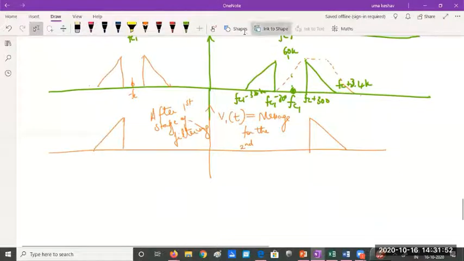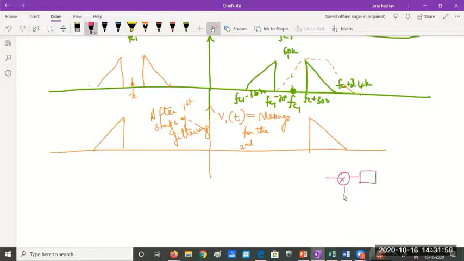So here, if you remember, we had one modulator with FC1. This was your message, and this was the first filter, band pass filter BPF1. Now this output we called V1 of t.